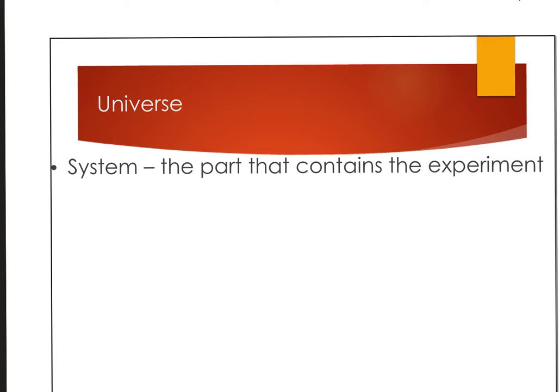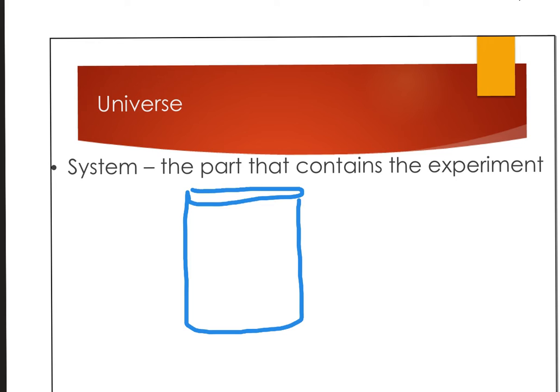Let's see if I can draw a little picture to help out with that. Don't laugh at my drawing. So here's my beaker. Okay, it's filled with water, and here's my salt, and it's dissolving.